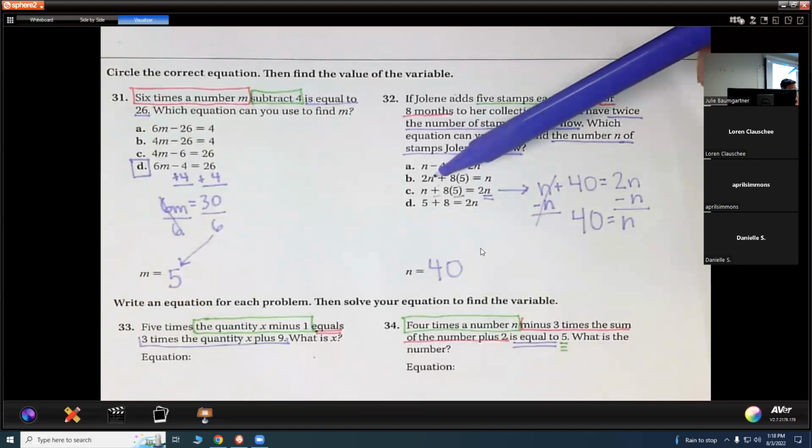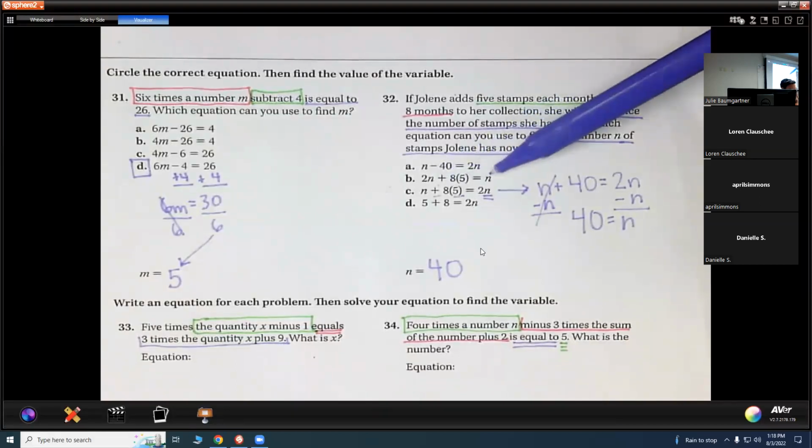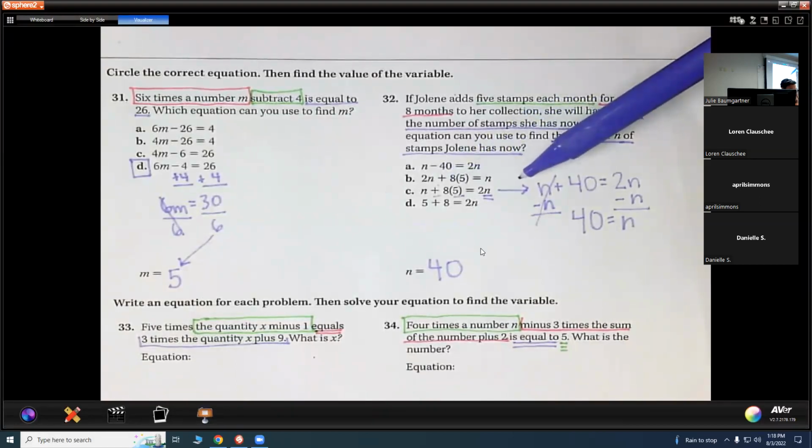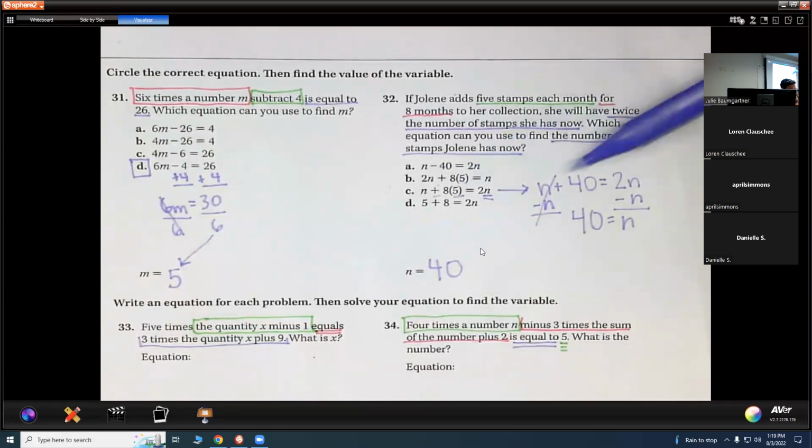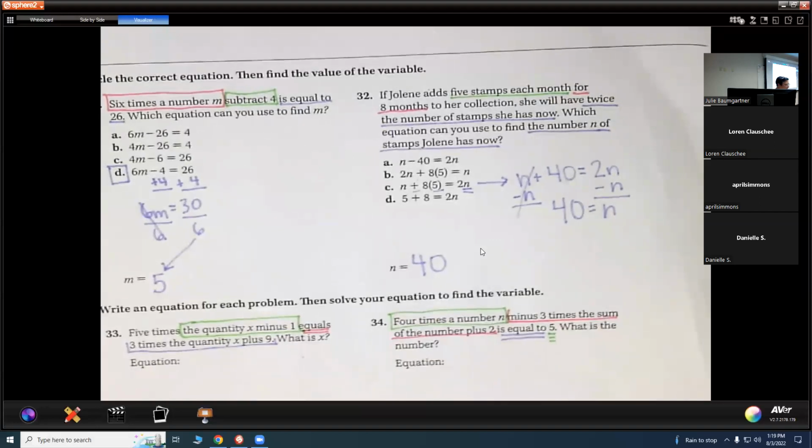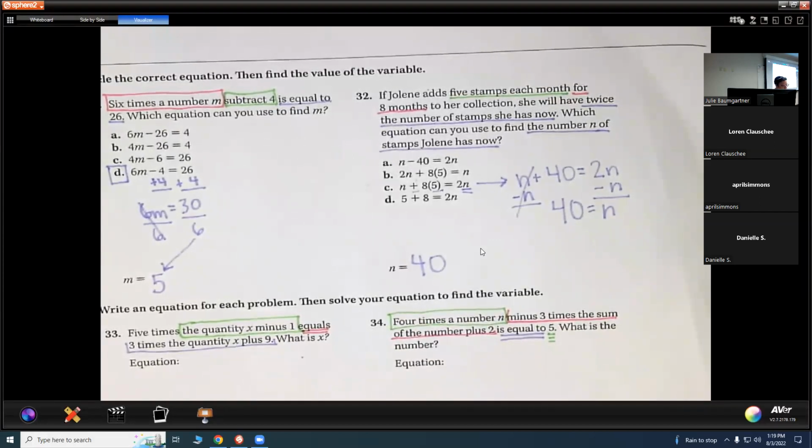B, I would have 2n plus 40 equals n. It's going to be negative, right, if you do B. Okay, so it'd be negative 40. Yeah, you're right.